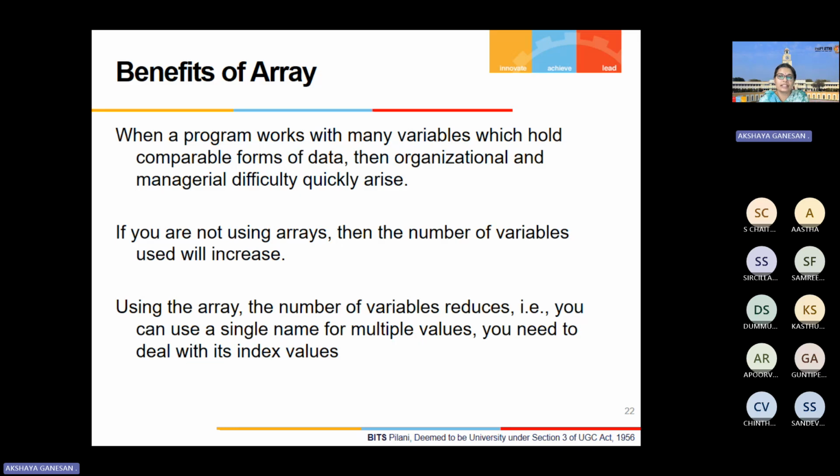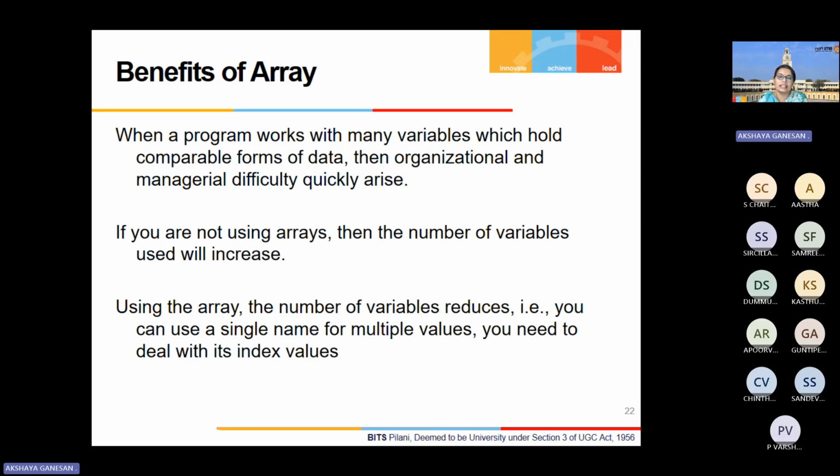And when a program works with many variables which hold comparable amounts of data, that is, the same type of data that you want to frequently compare, use for processing, and derive some insights from, then the difficulty comes in.